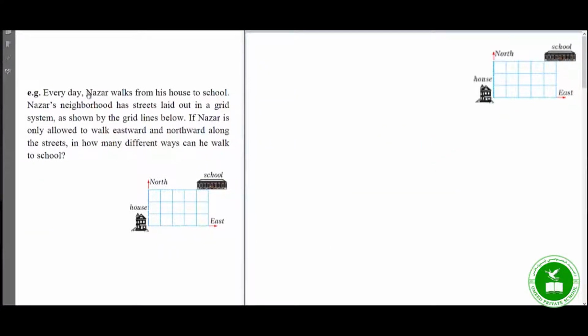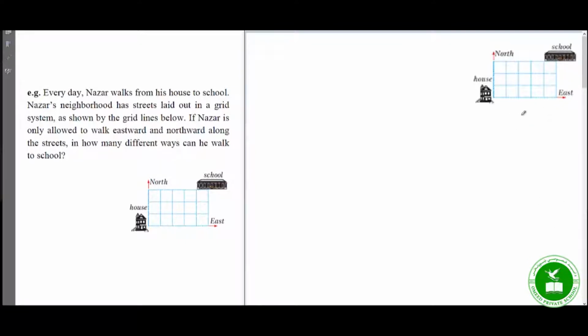Next example: every day Nazar walks from his house to school. Nazar's neighborhood streets are laid out in a grid system as shown by the grid lines below. If Nazar is only allowed to walk eastward to the right side and northward upside along the streets, in how many different ways can he walk to school?